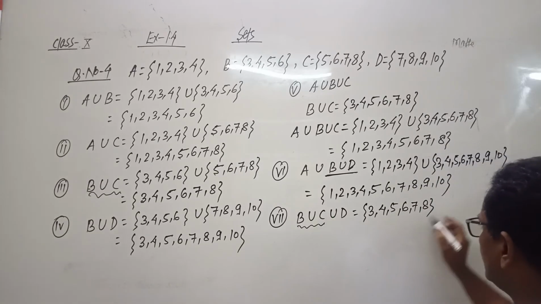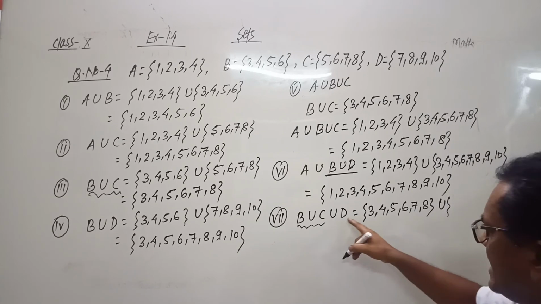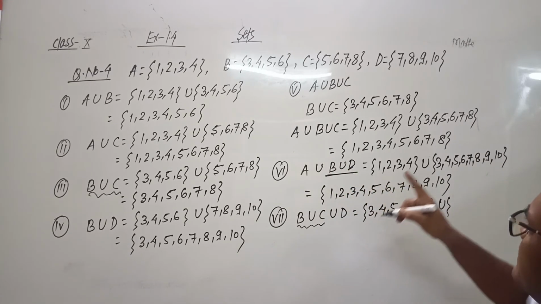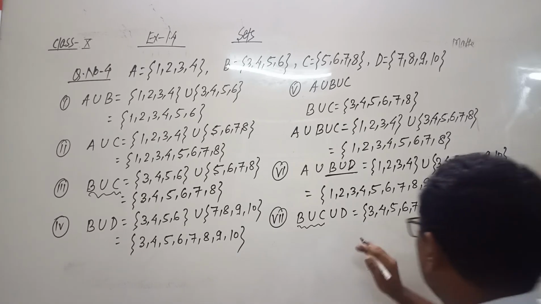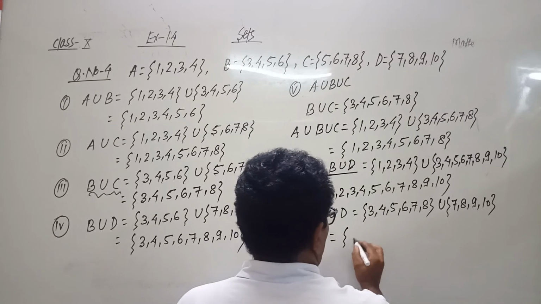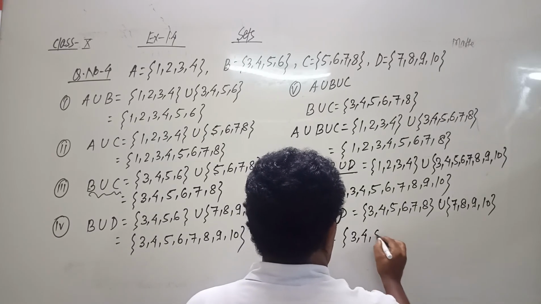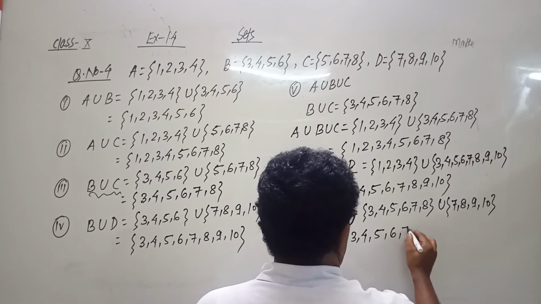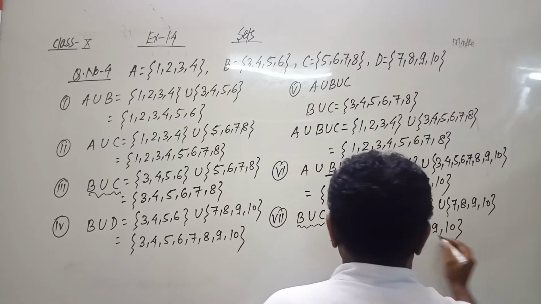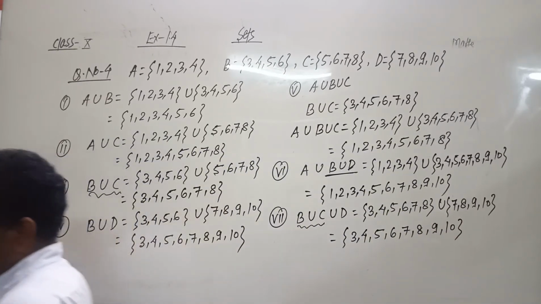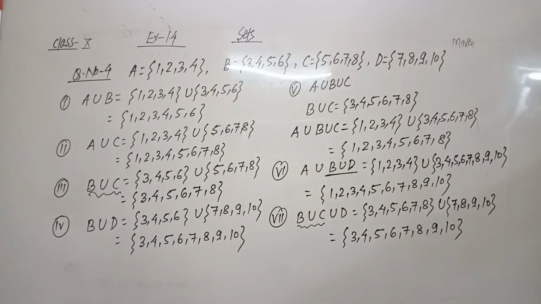Then put the sign of union and write the elements of set D: 7, 8, 9 and 10. Then combine both the sets. So 3, 4, 5, 6, 7, 8, 9 and 10. So this was question number 4.